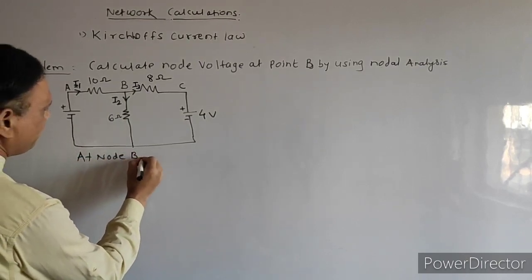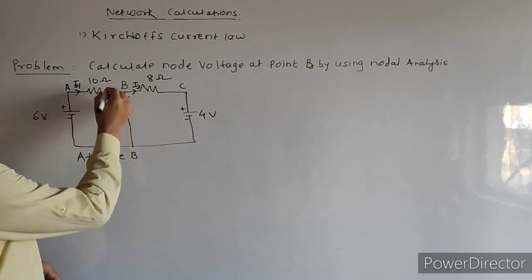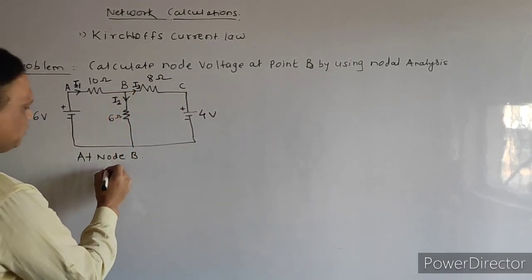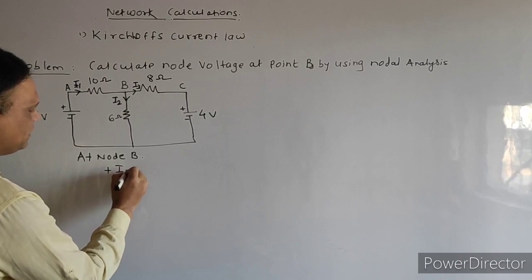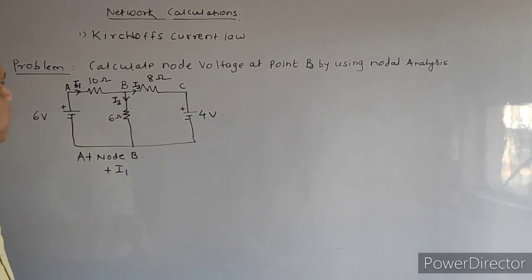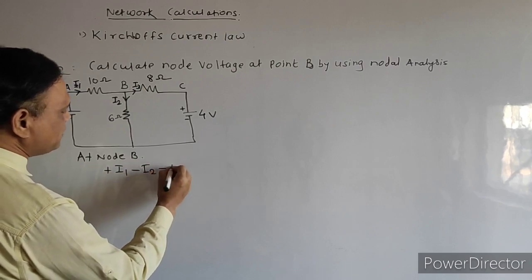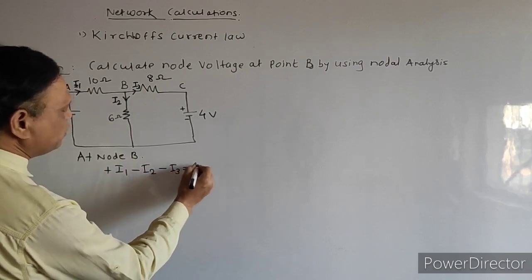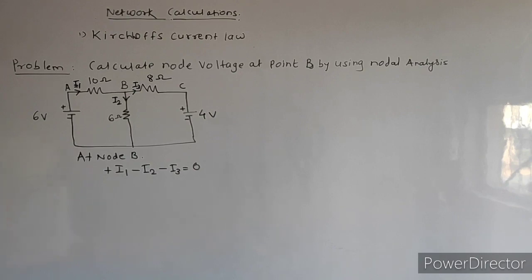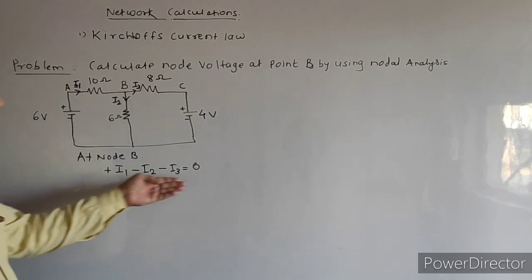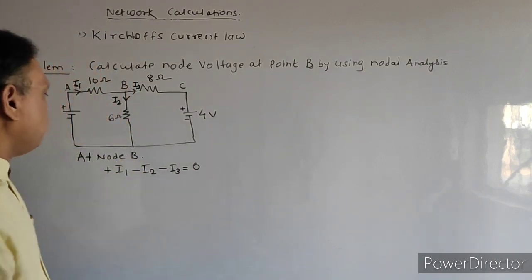At node B, see which is the current that is entering. I1 is the current that is entering, so it will be marked as plus I1. Now I2 and I3 are leaving, so I will write minus I2 minus I3 is equal to 0. This is my equation according to Kirchhoff's current law.